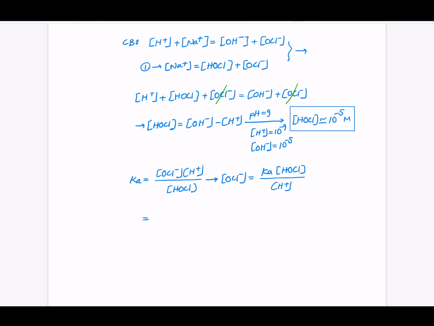So this would be 10 to the minus 7.53 times 10 to the minus 5 divided by 10 to the minus 9. Then this would be roughly 3 times 10 to the minus 4 molar.